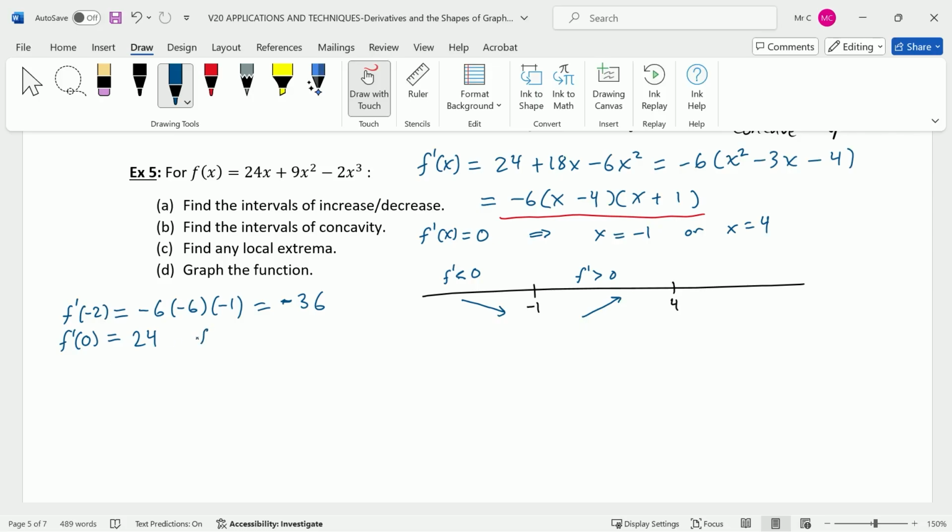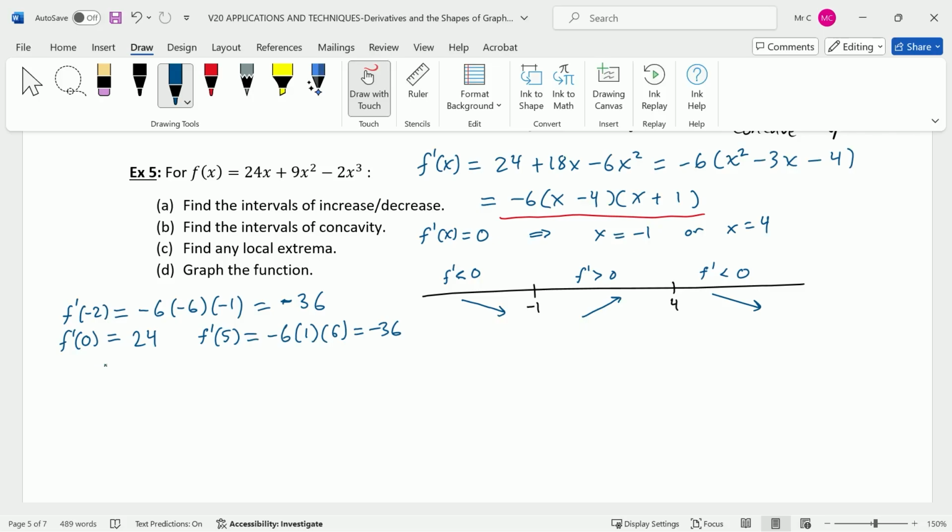And now we'll evaluate f prime at, let's go with 5. Again, I'll plug into the factored form. That's -6 times 1 times 6. That's -36. And so again, we get that the derivative here is negative, and so the graph would be decreasing.